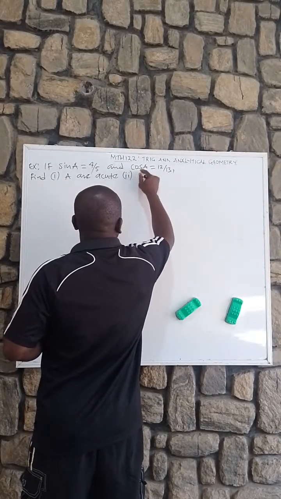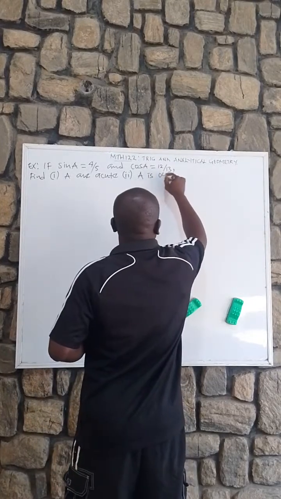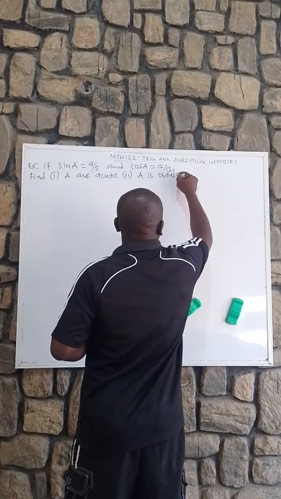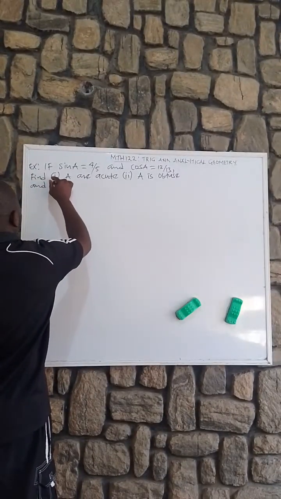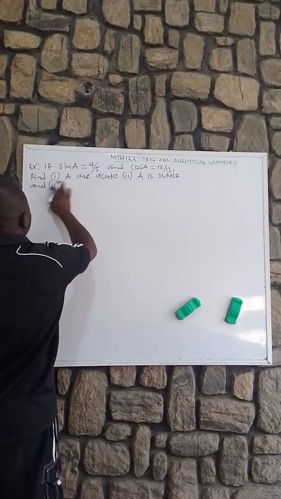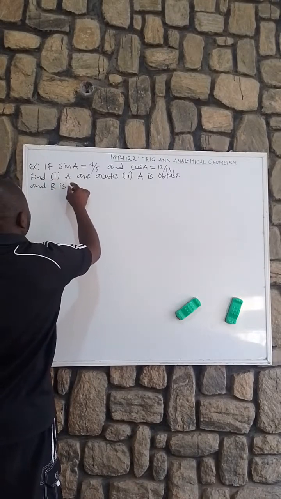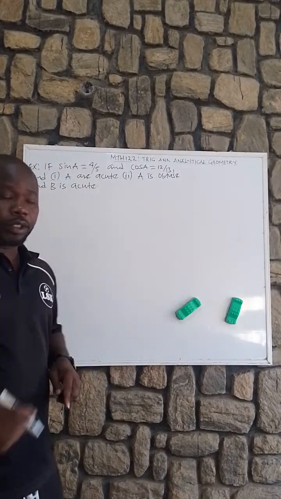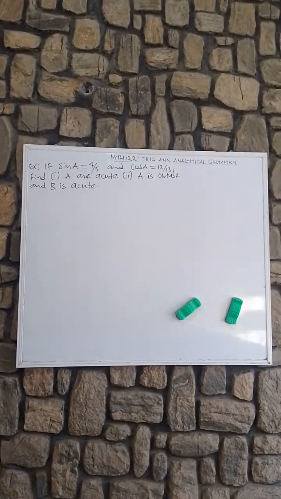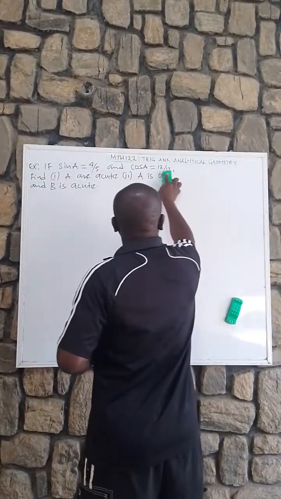A is obtuse and B is acute. Okay, so let's look at it together. Oh, sorry, I made a mistake.